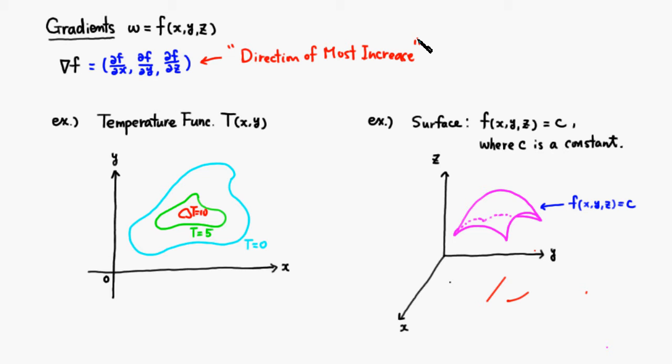So for example, let's look at the temperature function. Let's say you have a hot plate, so on an xy plane, then we put the blue line for where temperature is equal to 0, the green curve for temperature equaling 5, and the red one for temperature equaling 10, right?